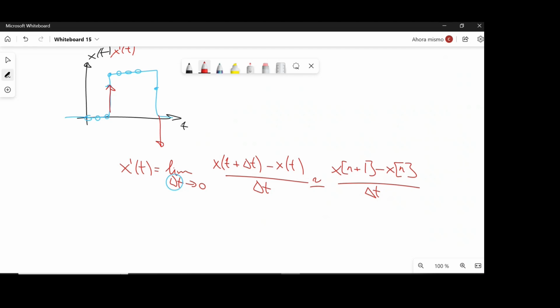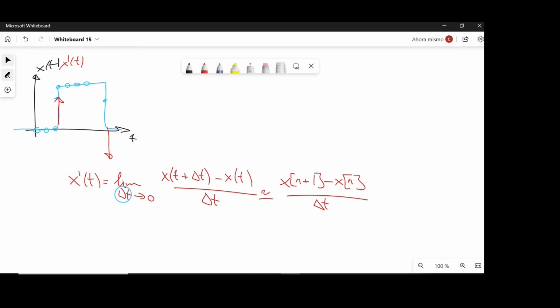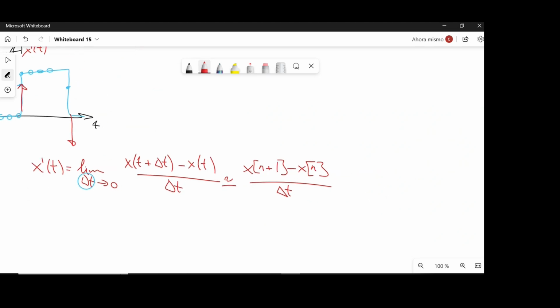If I forget about this one, I can say that this derivative is proportional to x of n plus 1 minus x of n. So it is simply dropping a scale factor, scalars, that kind of dummy thing. It depends on your purpose, but most of the time we don't care about scalars.